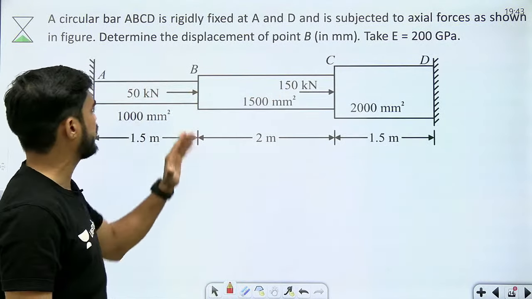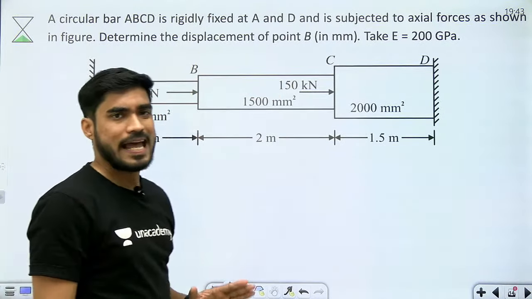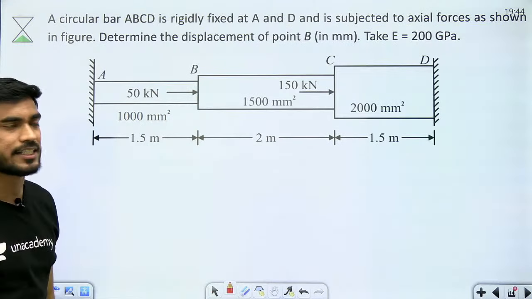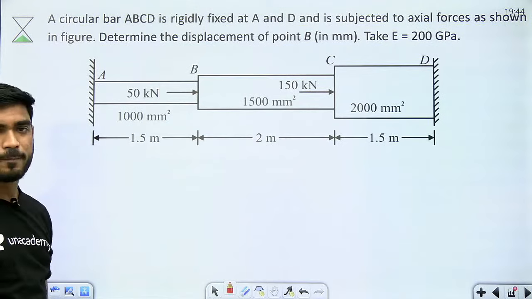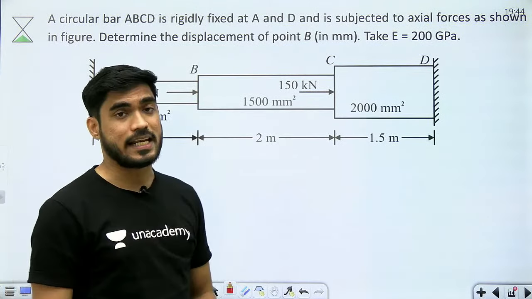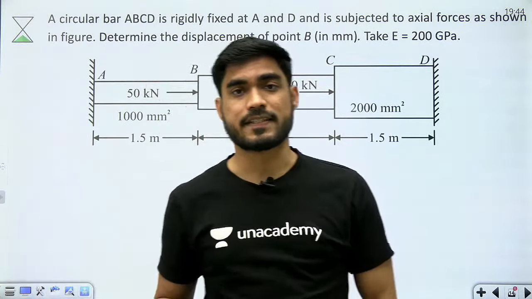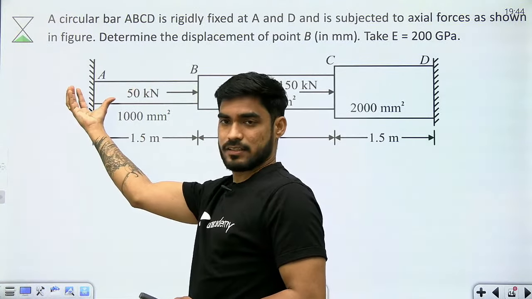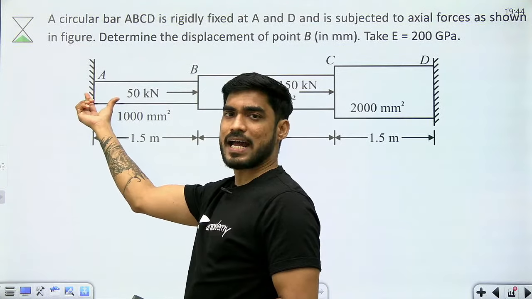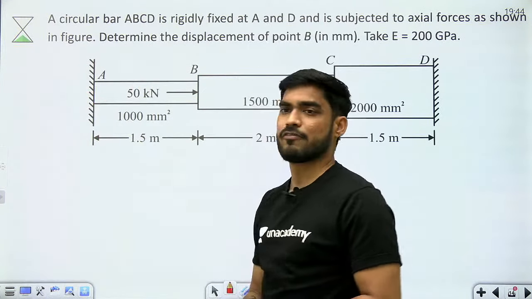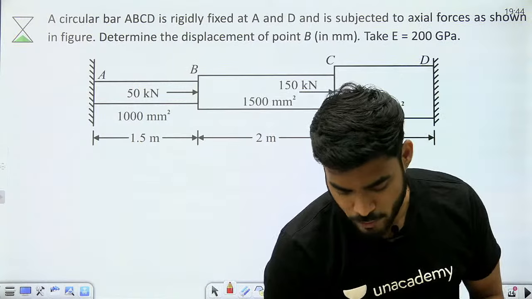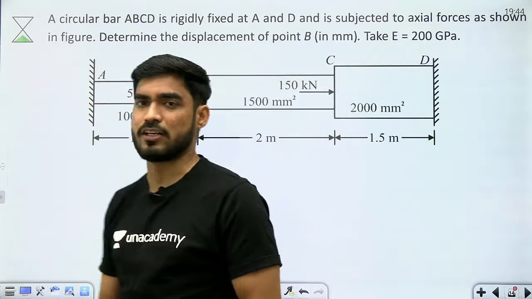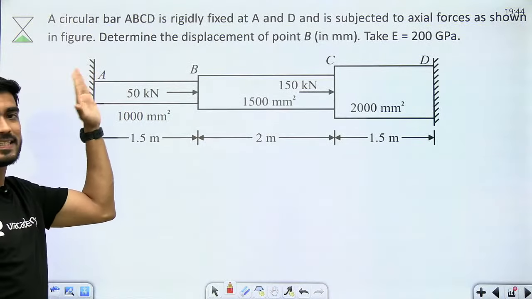Now we need to find the displacement of B, and in order to calculate the displacement of B, I will calculate the change in length from A to B. Now in order to calculate change in length, we need internal resistance, and in order to calculate internal resistance, we need reaction, है ना? यहाँ पे reaction जो आ रहा है, अगर वो नहीं पता तो मैं internal force नहीं निकाल सकता, और internal force नहीं है तो मैं change in length नहीं निकाल सकता. So it is very important to find the reaction at this end A.